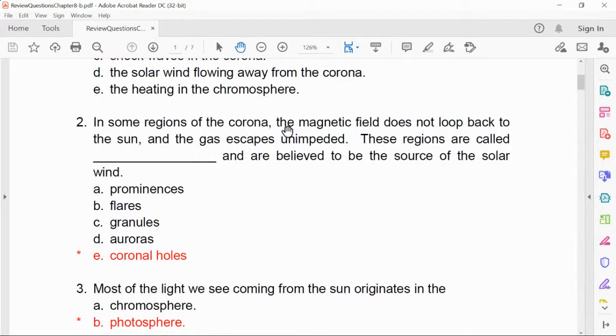Now, in some regions of the corona, the magnetic field does not loop back to the sun, and the gas escapes. These regions are called coronal holes and are believed to be the source of the solar wind.